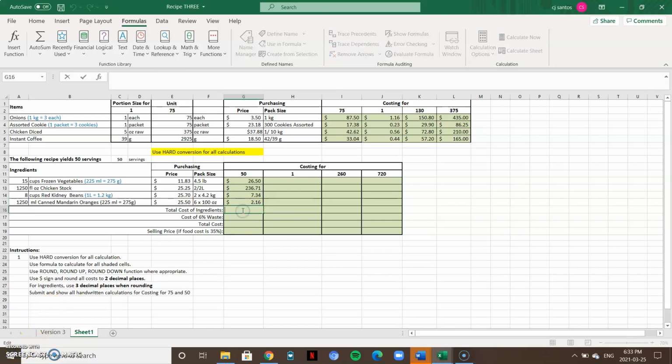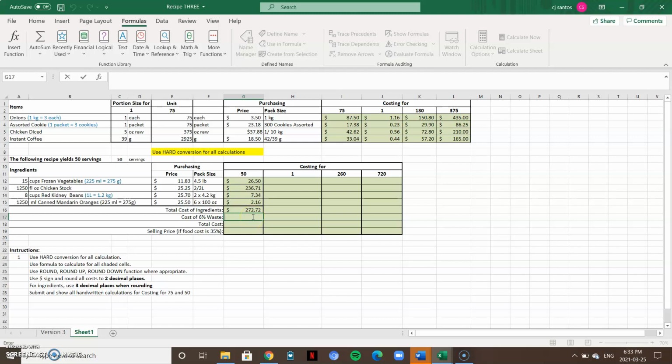So for the total cost for the ingredients, I would put the auto sum and put it in a bracket, get all these cells, then close bracket, and that would give me $272.72.